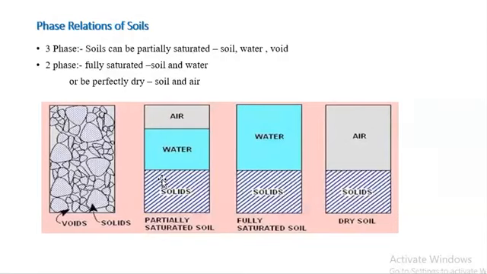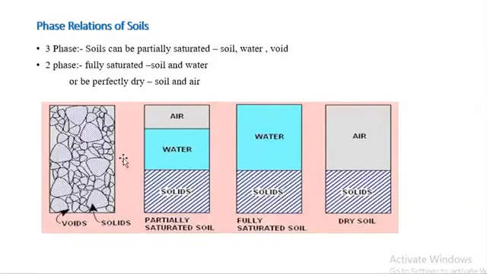Phase relationship of soil. So normally soil possesses three phases. One is solid, another water and another air. The combination of water and air is void.